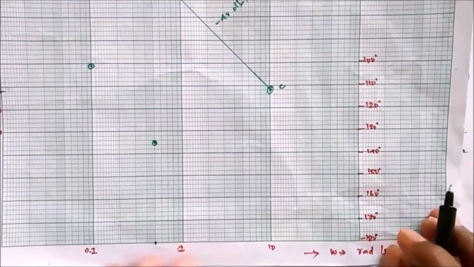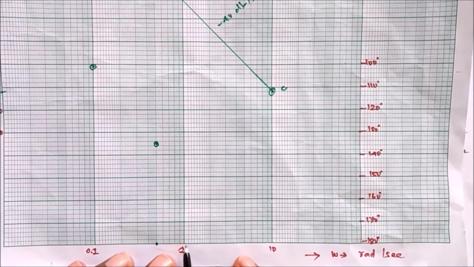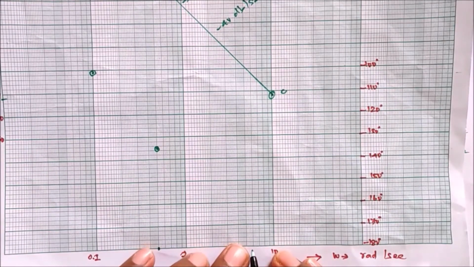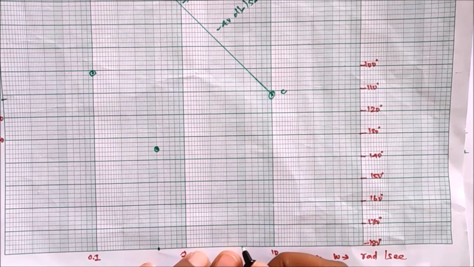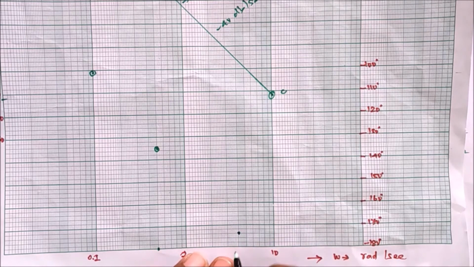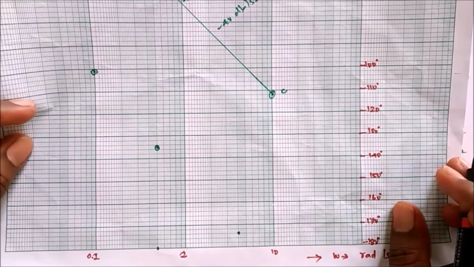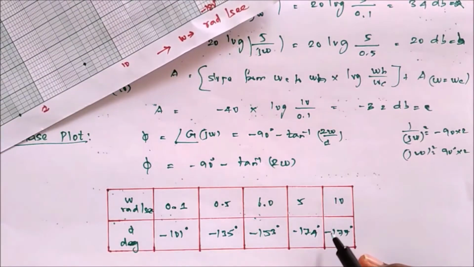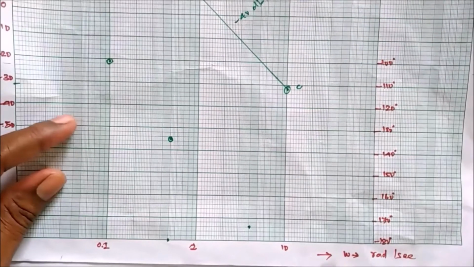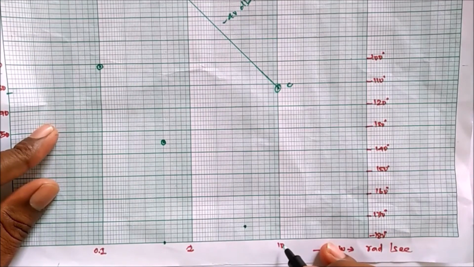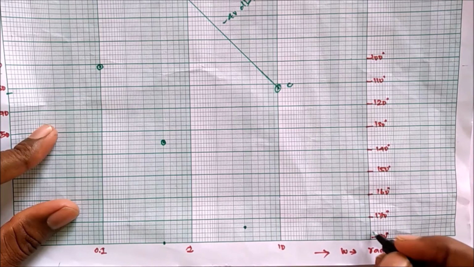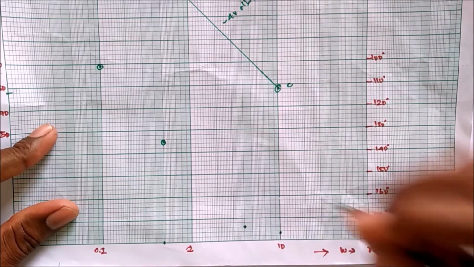This is 1, 2, 3, 4, 5. So this is 5, angle is minus 174. This is 180, this is 170, this is the 174. Next, omega equal to 10, angle is minus 177. This is 178, this is 176, so this is the point 177.